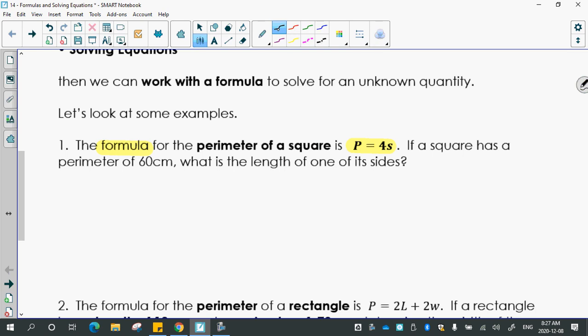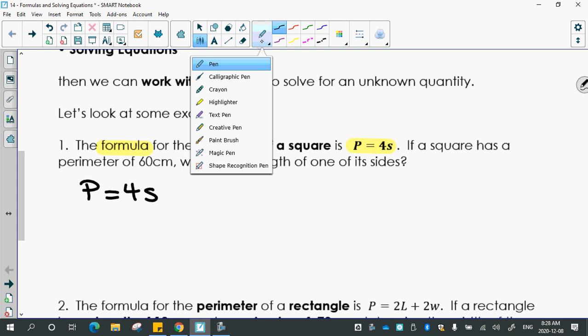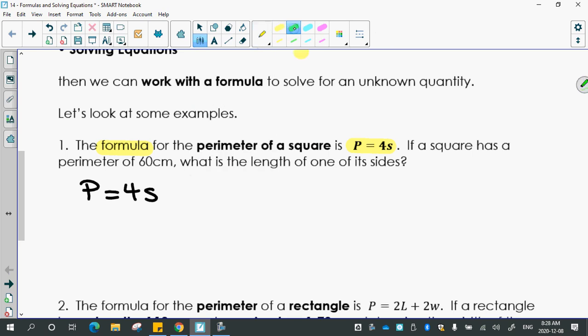So for me, the first step of a formula question is writing out the formula. So it says the formula for the perimeter of a square is P equals 4s. Okay? And then you have to read on to see whether they're going to give you, because there's only 2 variables here, either the P or the S. And you've got to read on to figure that out. If a square has a perimeter of 60 centimeters, so I'm going to jump over here and write what I'm given.